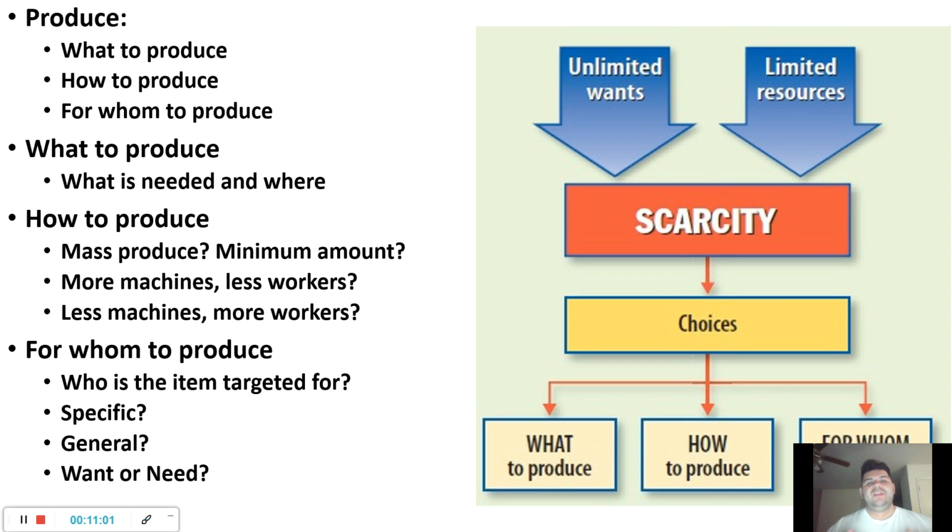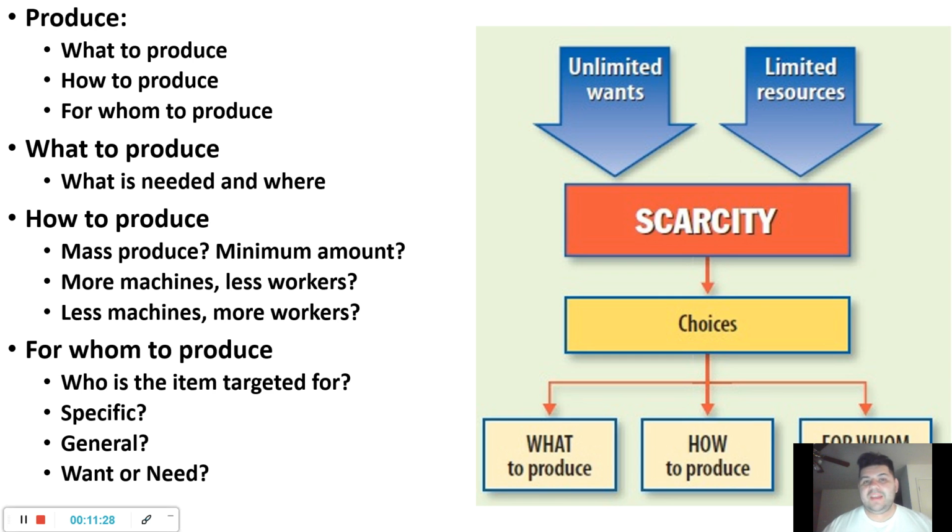So what they try to do is make more, so that the thing that catches people's eye is the price. The price goes down. That's what people go to. Again, milk is milk, so they'll go to this milk because it's cheaper. The other thing that people go to when it comes to producing is, do you have more machines and less people, or less machines and more people?